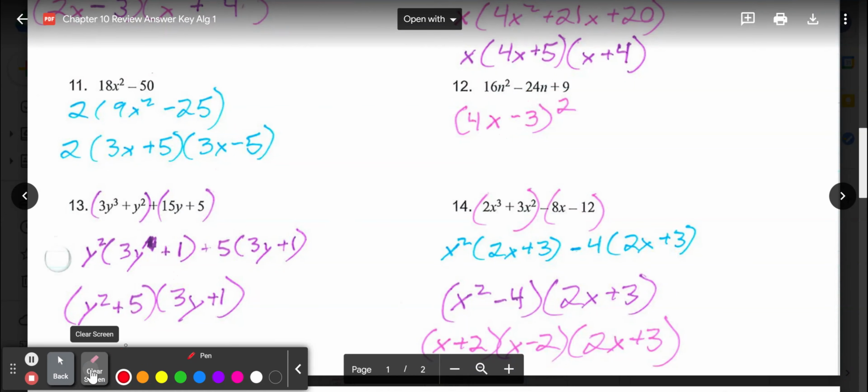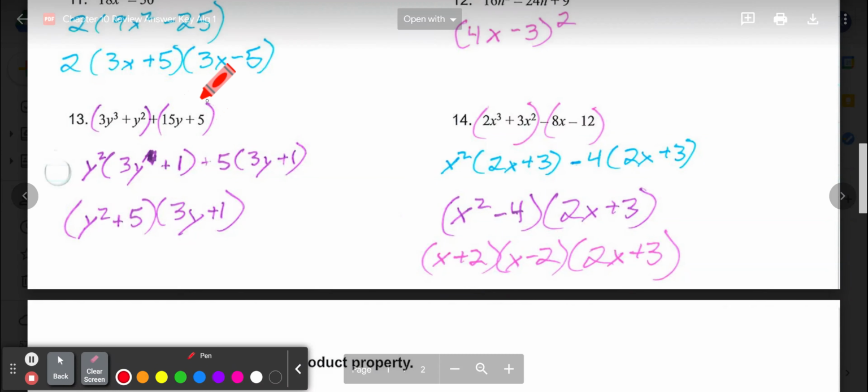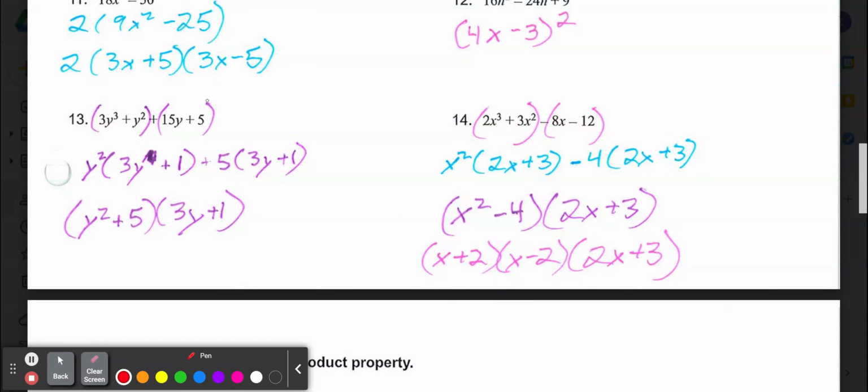Now with 13 and 14, anytime we have 4 terms that can't be combined, we want to use grouping from lesson 10.8. So in 13, I group my first 2 terms and my last 2. In the first 2, I can factor out a y squared, leaving me with 3y plus 1.